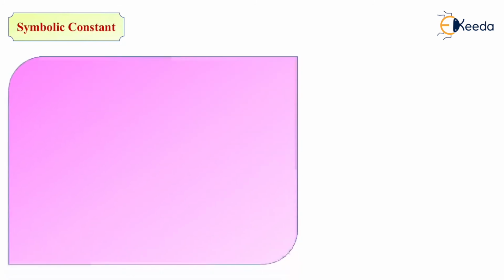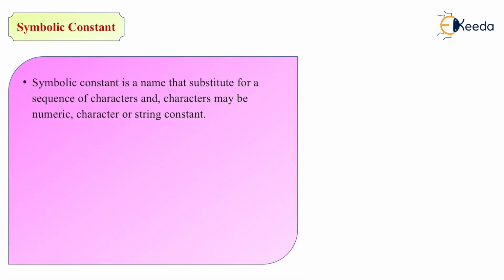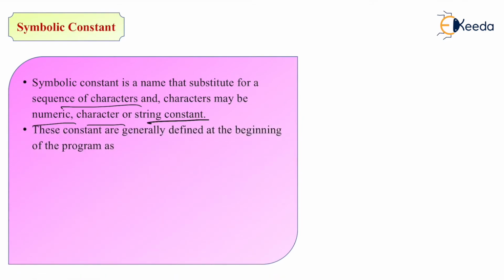Next type of constant is symbolic constant. As the name says, if you want to store any sequence of characters, that can be numeric characters or a string, if you want to store combinations of something, you can use symbolic constants.